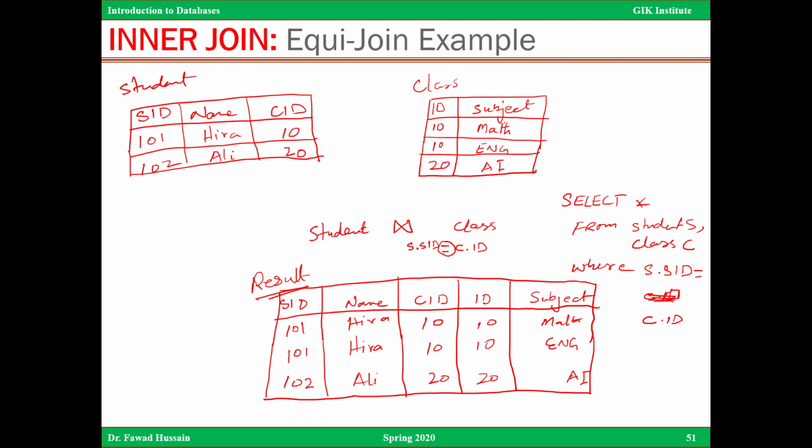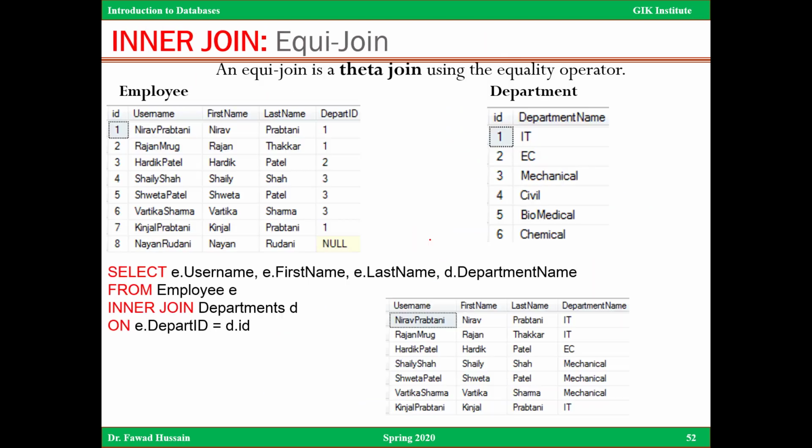So this is the equivalent SQL operator. So in this case this is an Equi-Join. Equi-Join means there cannot be a less than or greater than symbol, and this is an example of the Equi-Join.